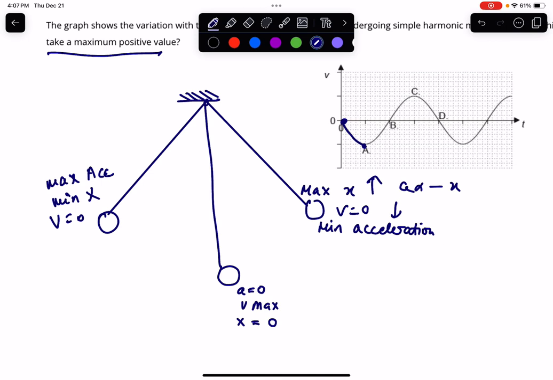So because the velocity is falling, we can infer that the object is going in the negative x direction. Okay? So if velocity increases, the object is going in the positive x direction. If the velocity decreases, the object is going in the negative x direction. So that's why you have this over here, and the first thing is going to be that the object will go to the left. Okay?